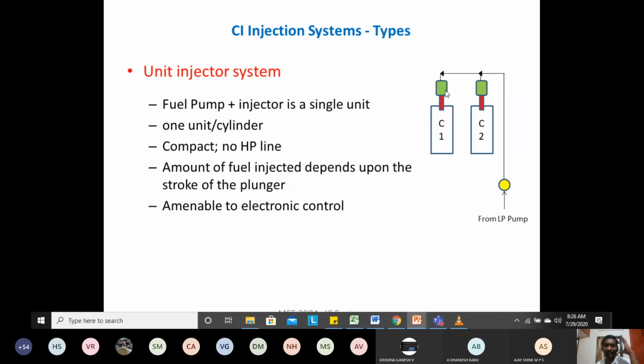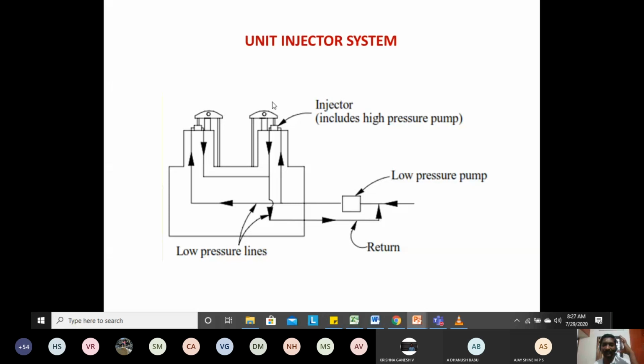Here there is another diagram for the unit injector system. The fuel from the fuel supply pump passes through and gets divided into two for the two cylinders, and it enters into the unit. Unit means both fuel pump and injector are together.